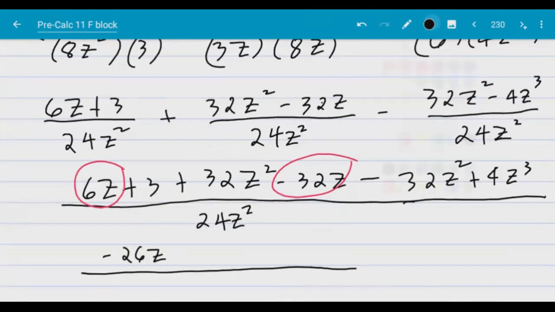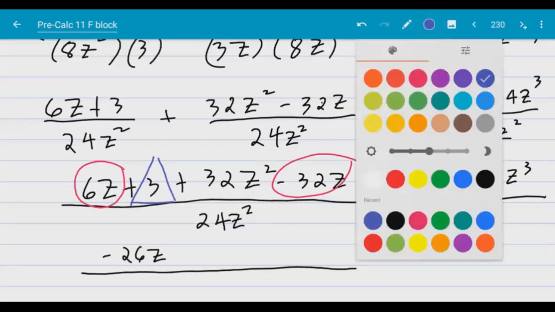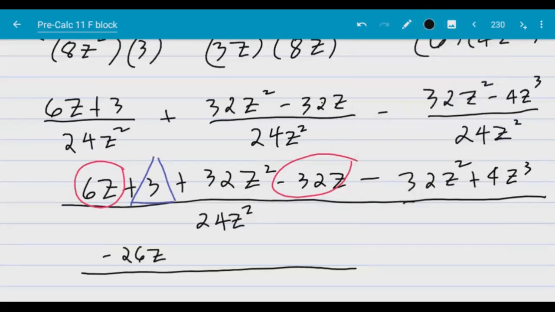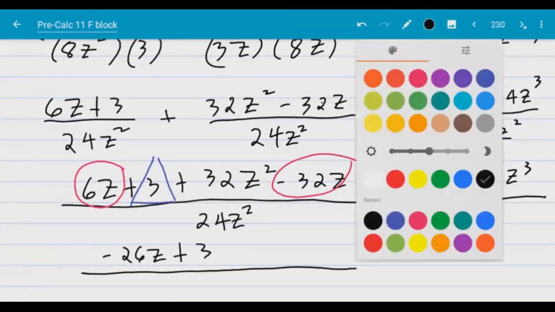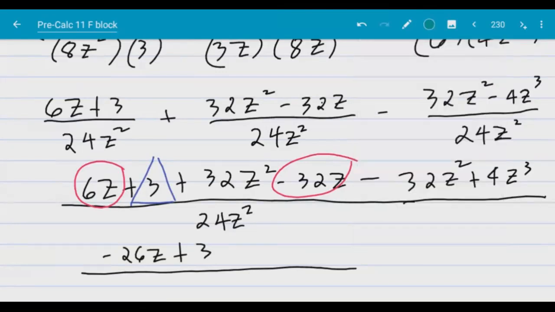I'll use a different color. What about the 3? I will use a different shape. Any other number there? No, so the 3 is just a 3. Let's choose a different color, green. What about the 32z squared? This one would go with what? Oh, this one right here. There's a z squared, so these are like terms.